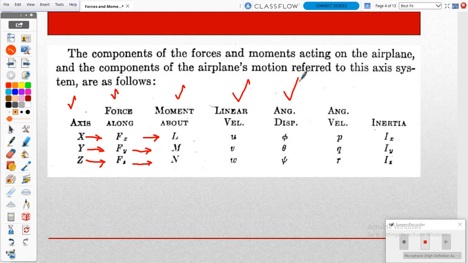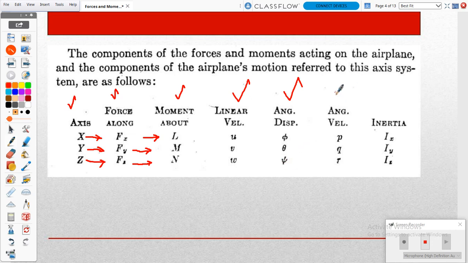Next, angular displacement, that is angle: how much our aircraft deviates from the origin from the x-axis, during takeoff or landing. Then only we can get the angle deviation. That is phi for the x-axis, theta for the y-axis, and for z we use the notation psi.